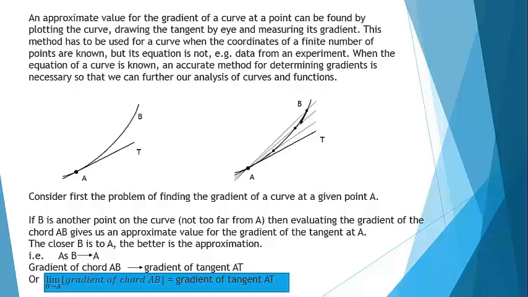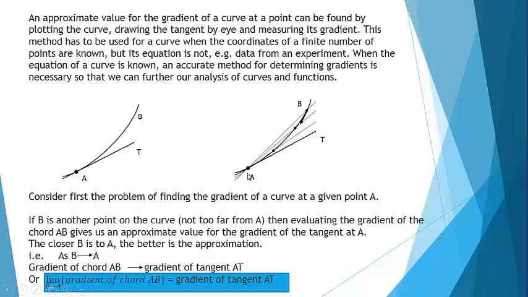So consider first the problem of finding the gradient of a curve at a point A. If B is another point on the curve which is not too far from A, then evaluating the gradient of the chord AB gives us an approximate value for the gradient of the tangent at A. The closer B is to A, the better the approximation. So as B moves along the curve towards A, we get a better approximation.